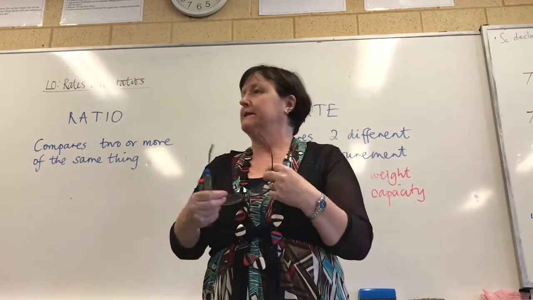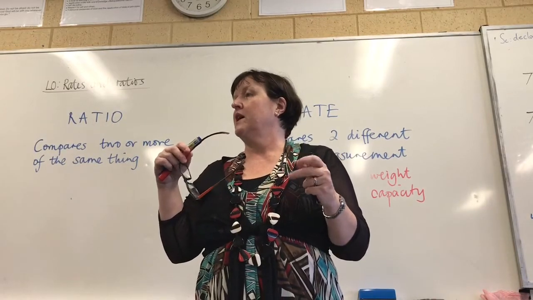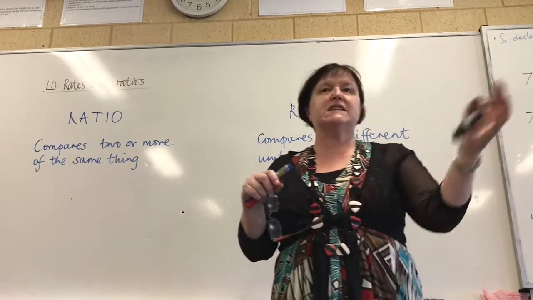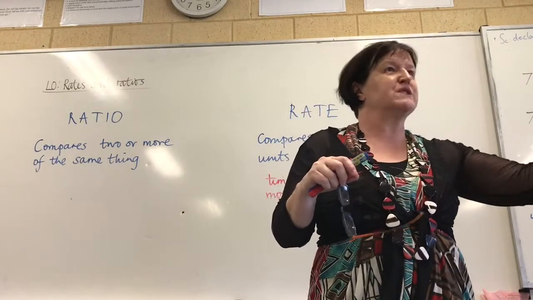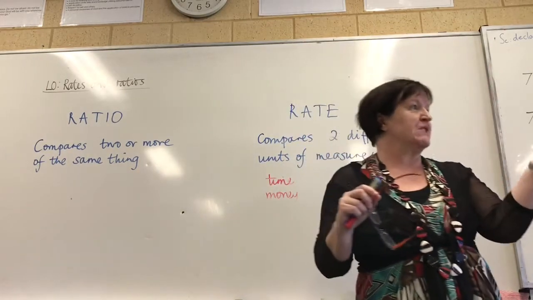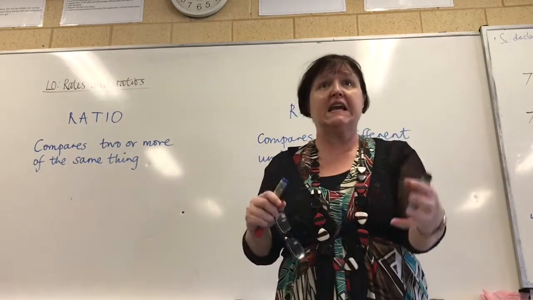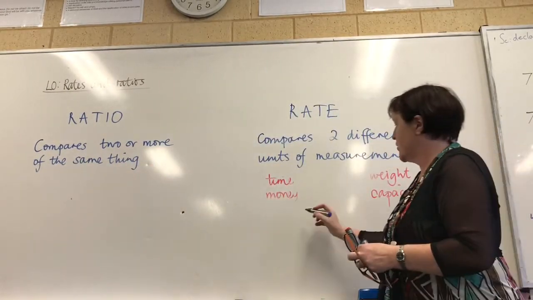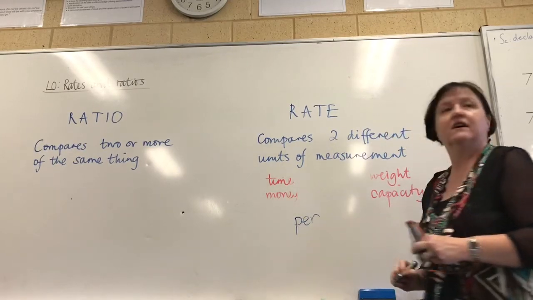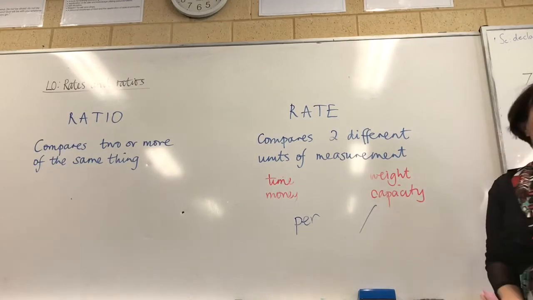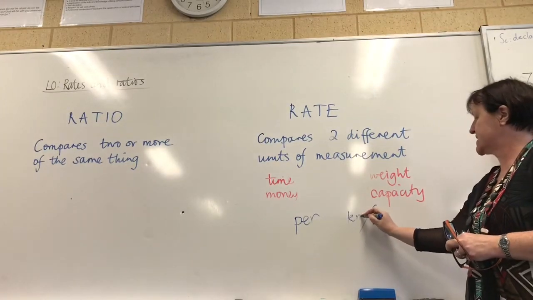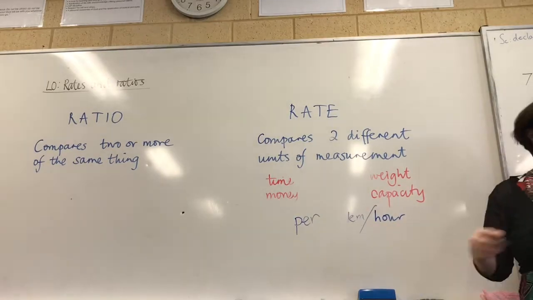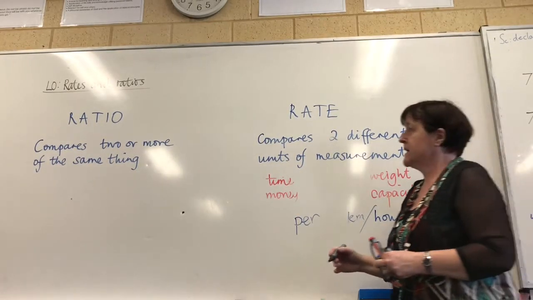But yeah, I know what you mean. The amount of litres to how far you can go. Yeah, that's right. Okay, you use 30 litres per 200 kilometres or whatever. Or you go to the petrol station and you pay $1.13 per litre. So the rate often has the word per in it, okay, or the /. So it would be things like kilometres per hour, like that. You can write it, or the / means that thing, okay?